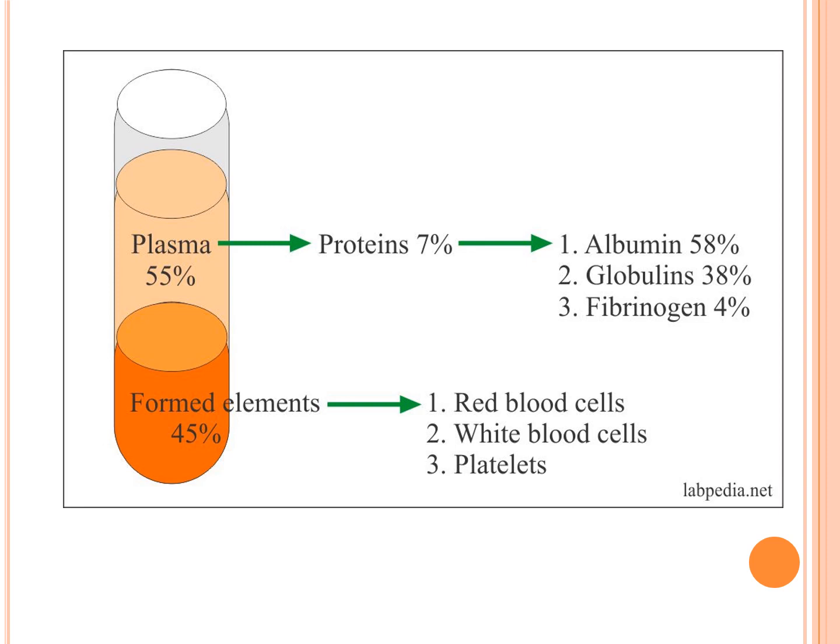The second type of cell is WBCs or white blood cells. Even though it says white, these are colorless cells which have a nucleus and they are large. We have 5,000 to 10,000 WBCs in our blood, and they have types: basophils, neutrophils, eosinophils, lymphocytes, monocytes.